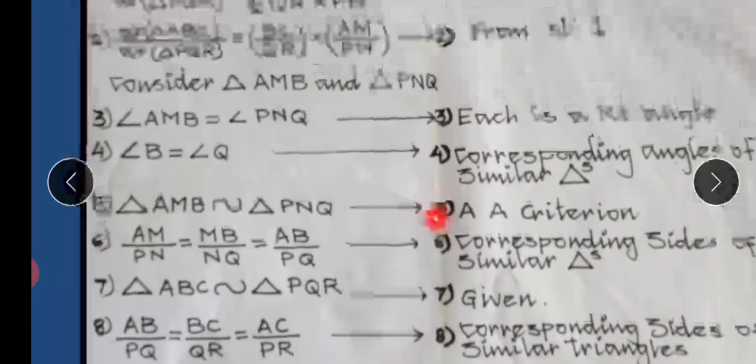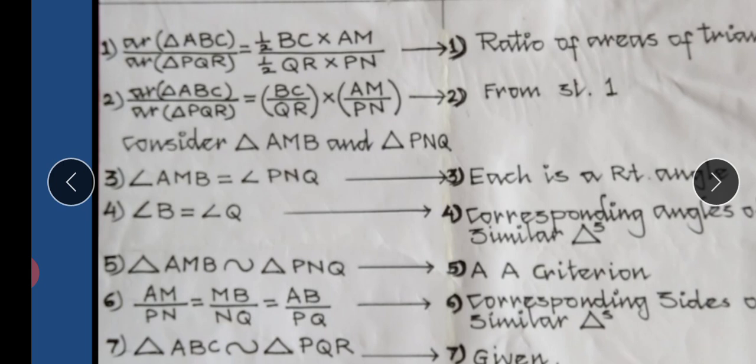Let's go back and see what is there. Here, statement 2: BC upon QR into AM upon PN. I told you in the beginning, we want to replace that AM upon PN by BC upon QR so that we get BC upon QR square.